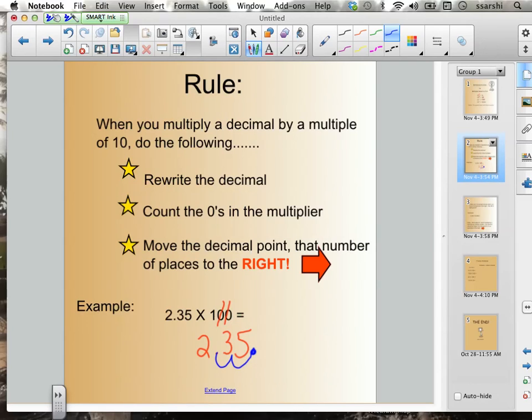And my product of 2.35 times 100 is 235. That makes sense because we're multiplying. So when we're multiplying by a multiple of 100, I would expect the product, the answer, to be larger than the number we're multiplying. To make a decimal larger, I would have to move the decimal to the right.